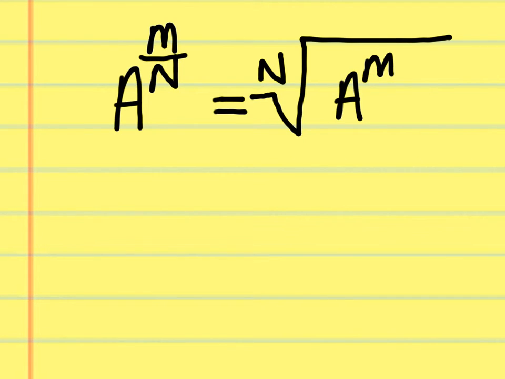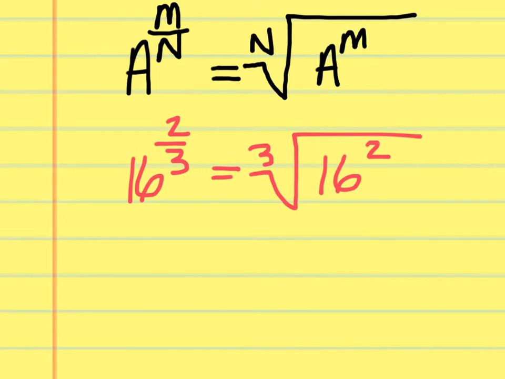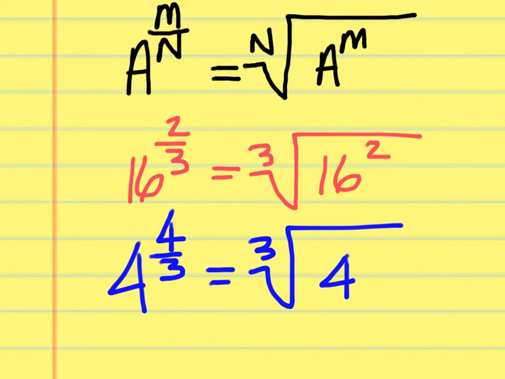So if I had 16 to the 2/3 power, that's the same thing as the third root of 16 squared. If I had 4 to the 4/3 power, that's the same thing as the third root of 4 to the 4th power. This goes here, and this is raising that base.